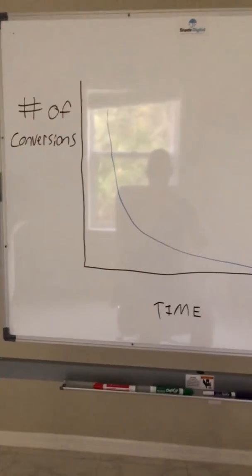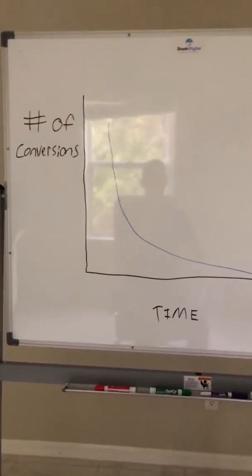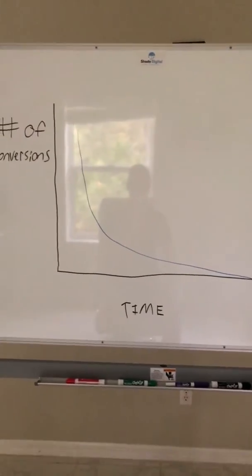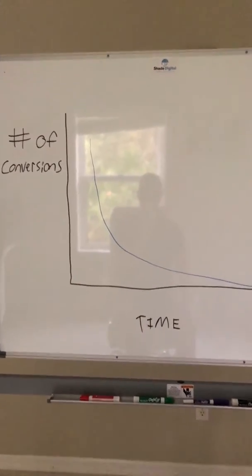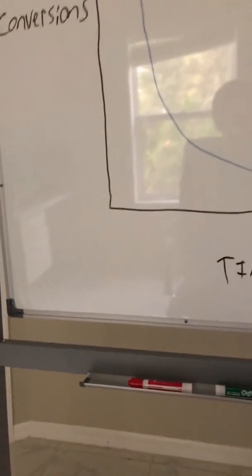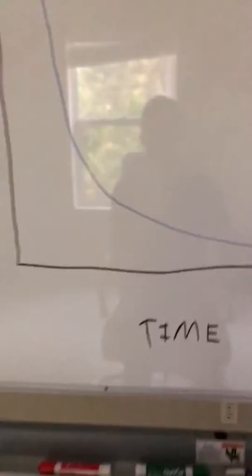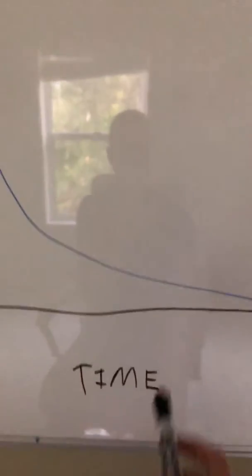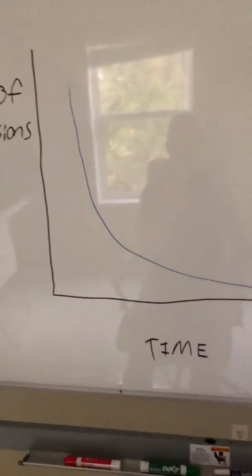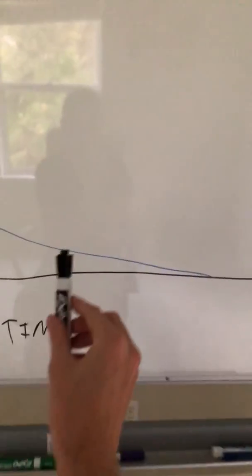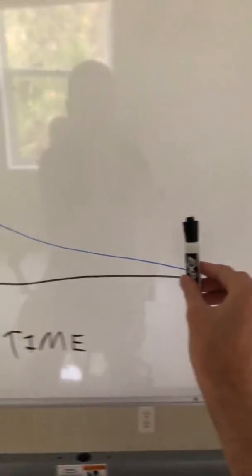So this is a crudely drawn graph of number of conversions over time, but this is what most remarketing graphs look like. And at a certain point, you're going to hit maybe right here and say, it's no longer profitable. You can cut out all of this spend, right?